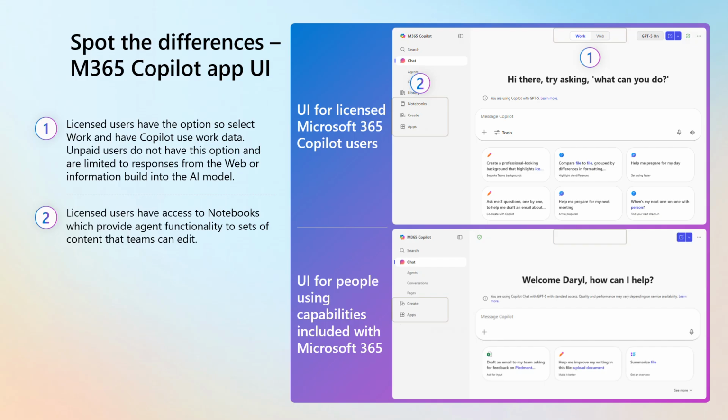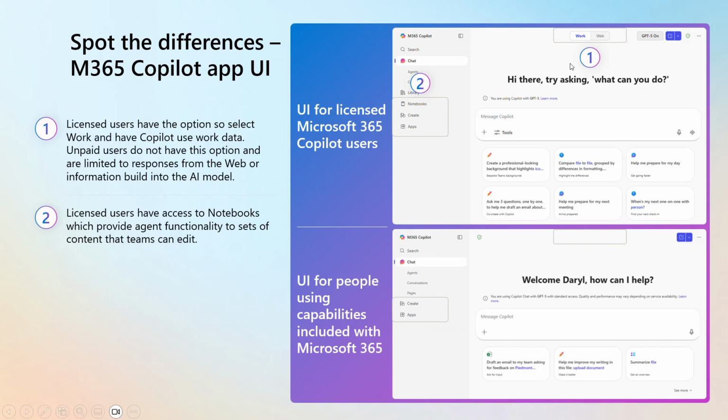The licensed users are able to see two options, the work and the web options. You can see it here, and the simple users don't have the options. Microsoft 365 Copilot uses the web option directly and automatically. They don't ask the users.